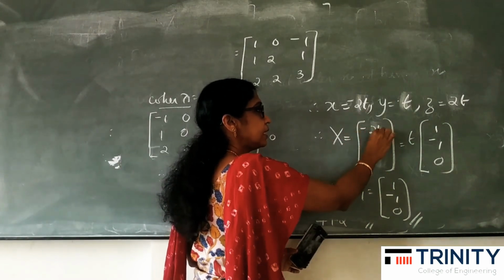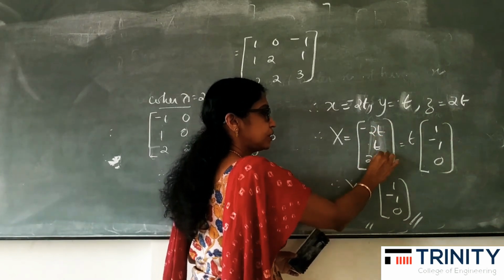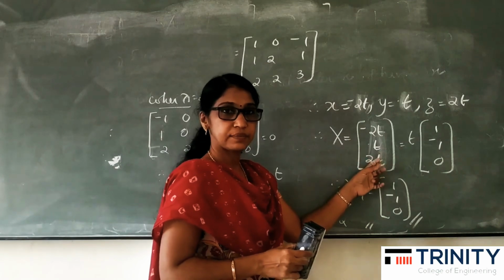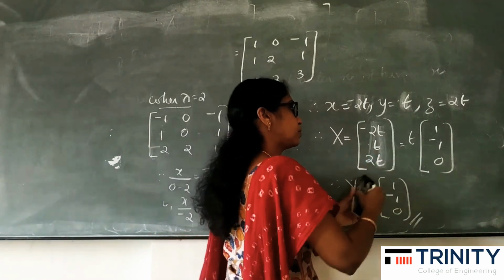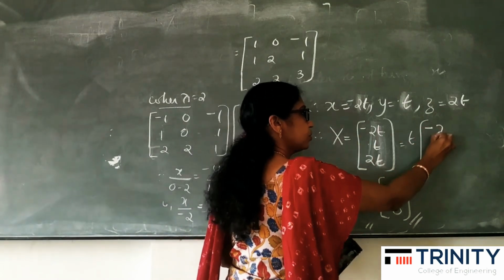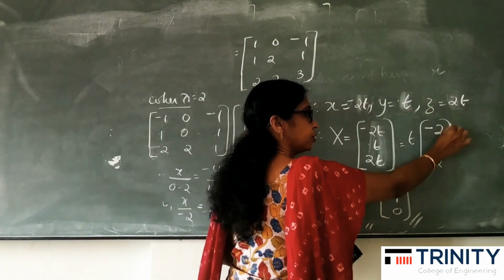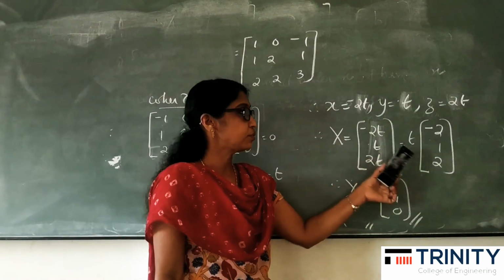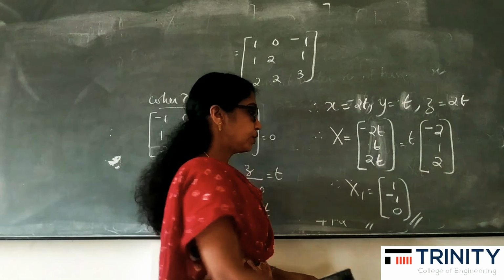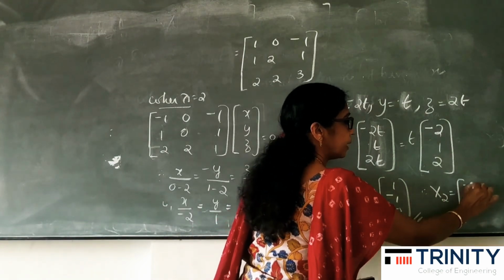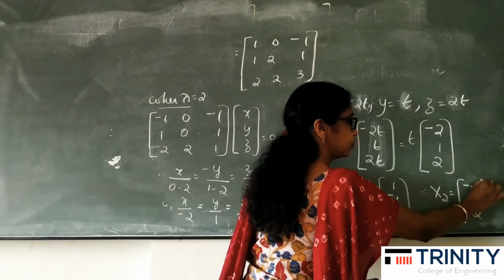Minus 2t, t and 2t, and the common term is t. Taking t outside, our matrix becomes minus 2, 1, 2. So capital X equal to t into minus 2, 1, 2. Therefore, what will be x2? x2 is equal to minus 2, 1, 2.